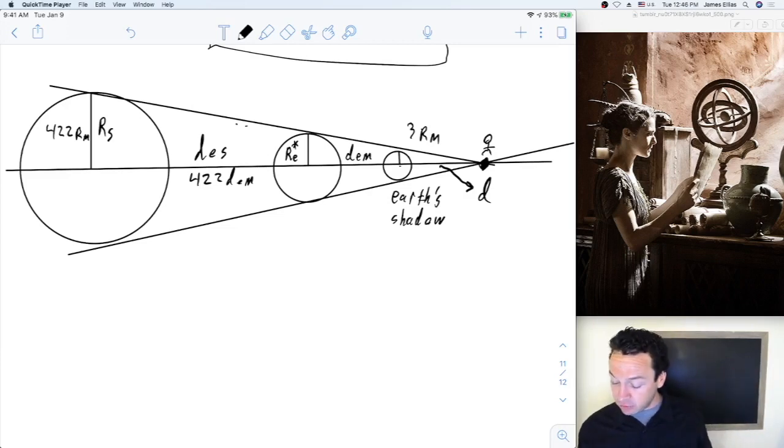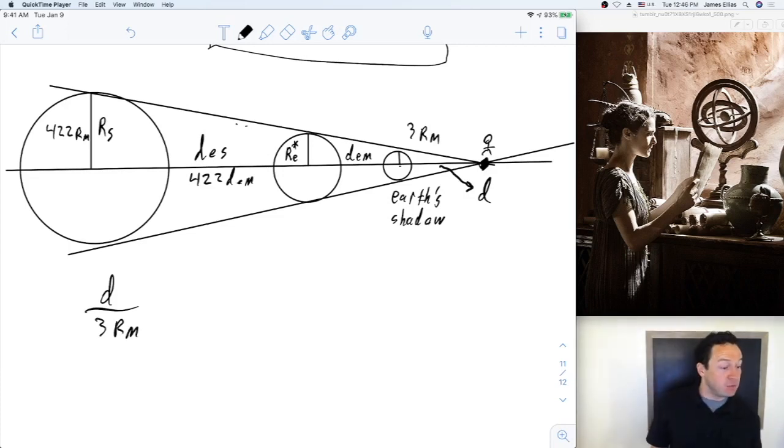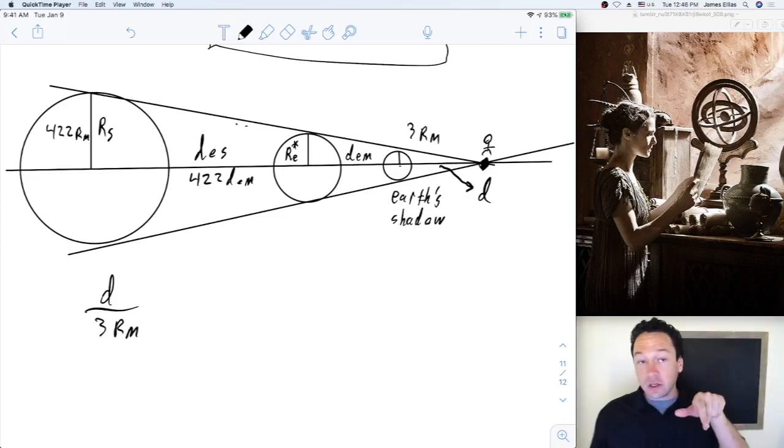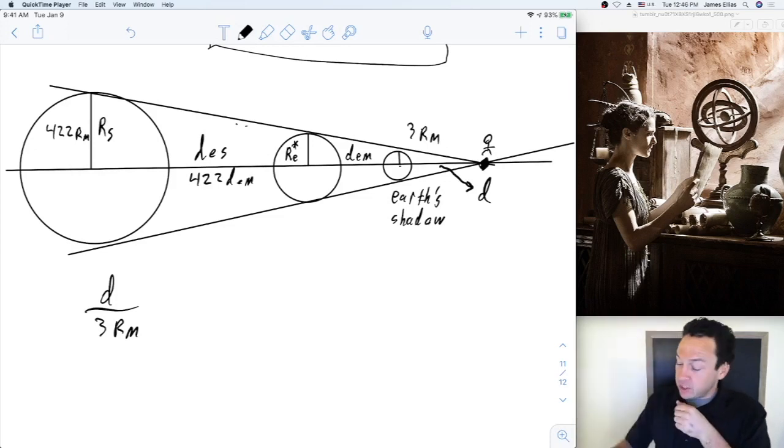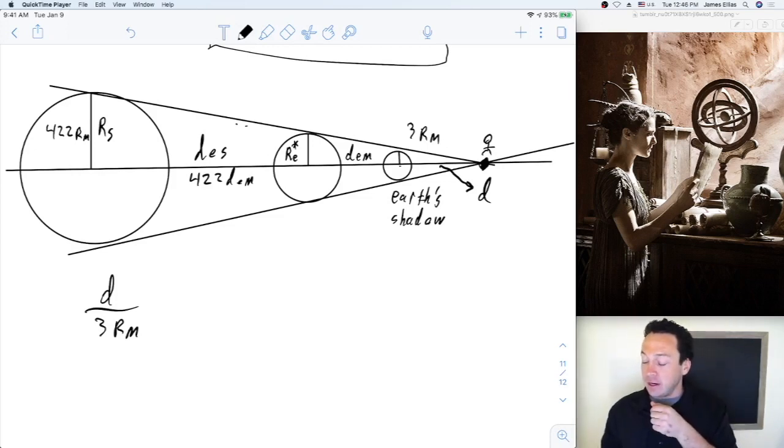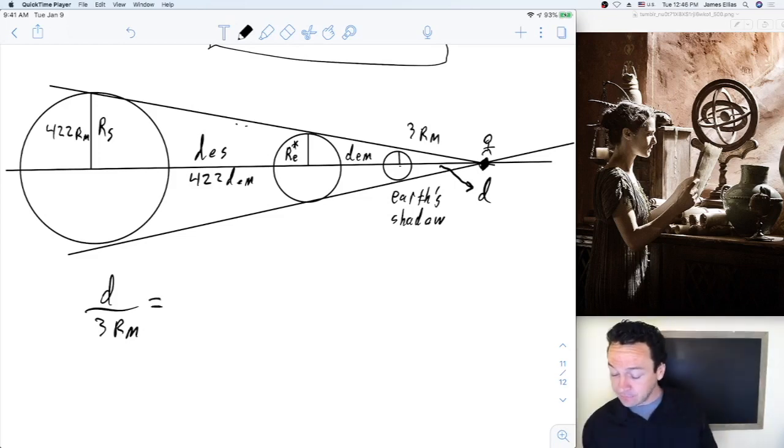And so what Aristarchus writes is the base of the little triangle divided by the height of the little triangle. What's the height of the little triangle? It's 3 RM, right? It's 3 times the radius of the moon, because this little triangle has a height which is that of the shadow's radius, okay, which is 3 times the radius of the moon.